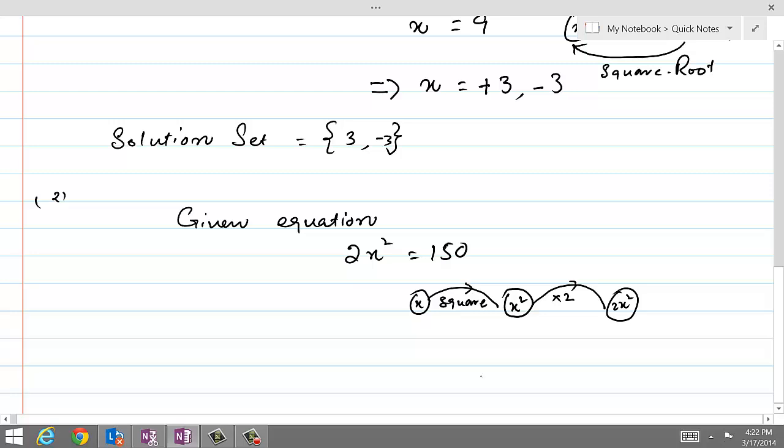These are the operations which were done on the unknown variable x, and the equivalent value for 2x squared is equal to 150.